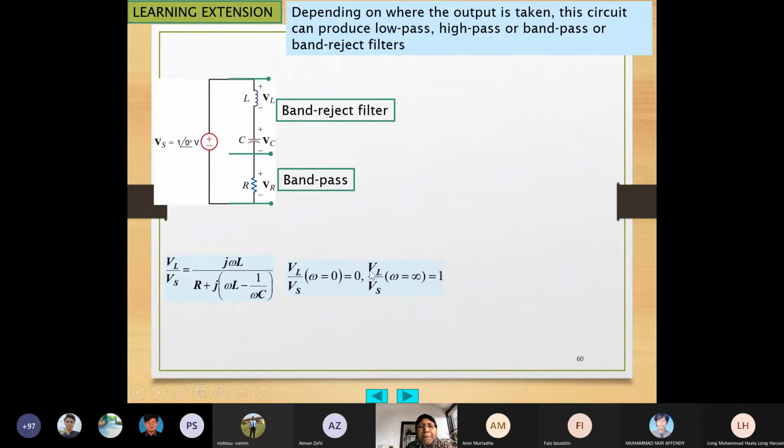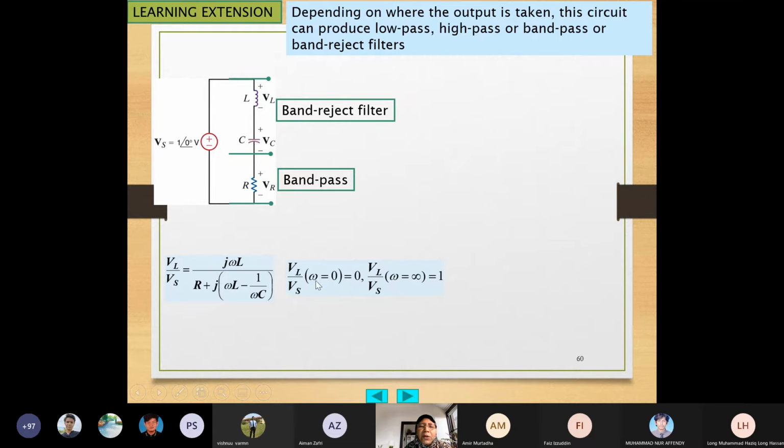We can consider when omega equals 0, the signal will be 0 because there is no output. And when omega equals infinity, omega is the frequency, very high frequency, you will have the VL equivalent to VS. So therefore, the VL over VS becomes 1.